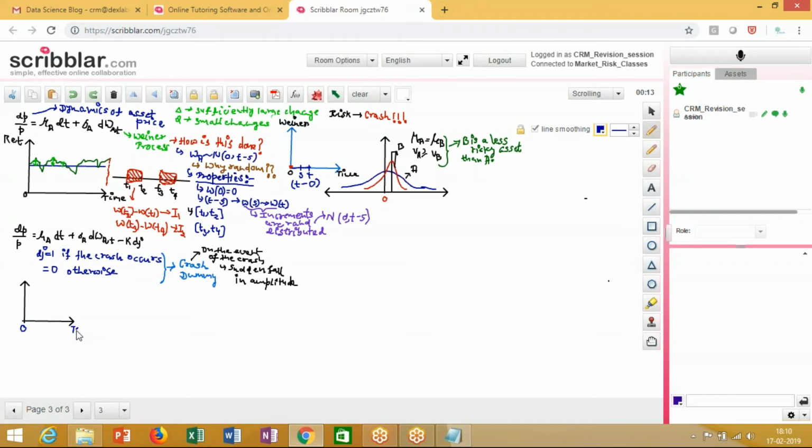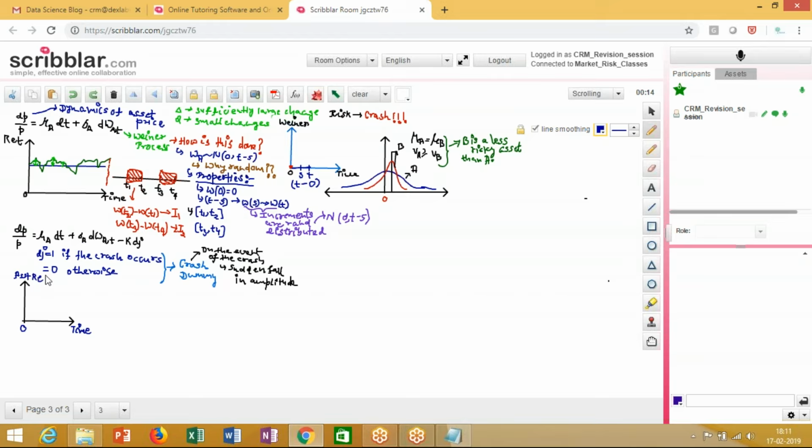So this is zero, this is the time, and over here what we have is the asset price movements, let's put it as the asset price or returns.